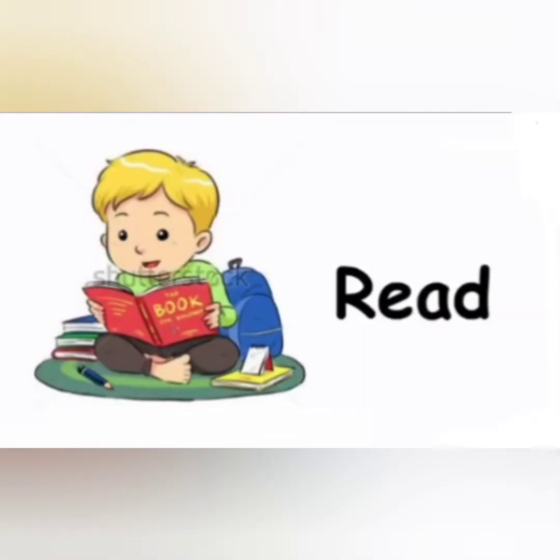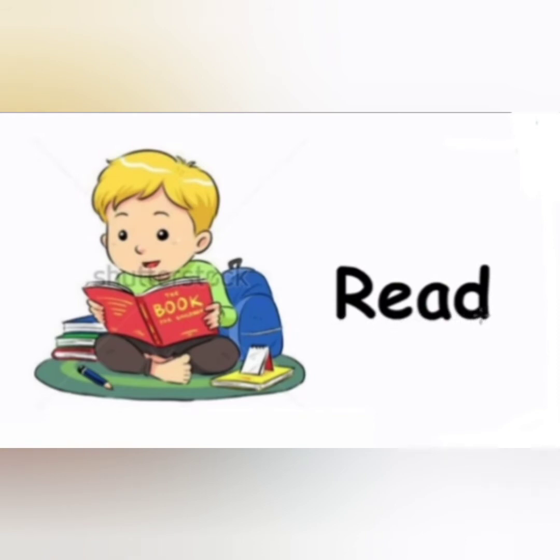Now what is the next action word? The next action word is read. Look, the boy is reading a book, isn't it? So now let's read the spelling. Are you all ready? What is the first letter?